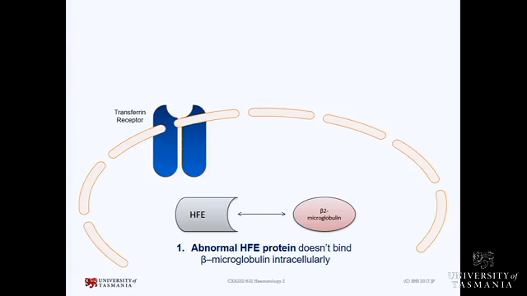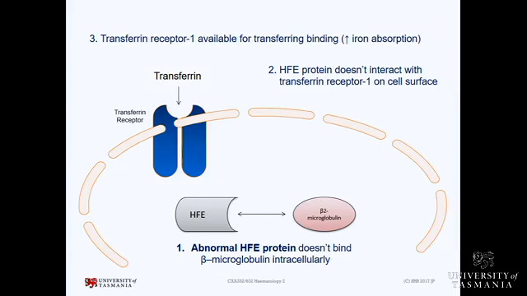So if we don't get the HFE protein binding to beta-2 microglobulin, then we don't get the HFE expressed on the cell surface. It's not able to bind with the transferrin receptor, and then it's not able to be released and to bind with transferrin receptor 2. So then we don't have the transferrin receptor bound to stop transferrin entering the cell, and we don't have the signalling process for hepcidin production.